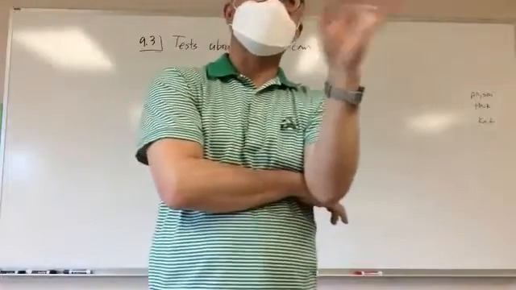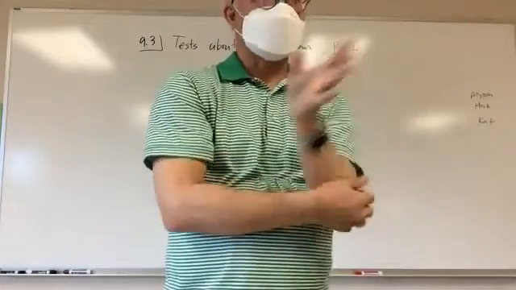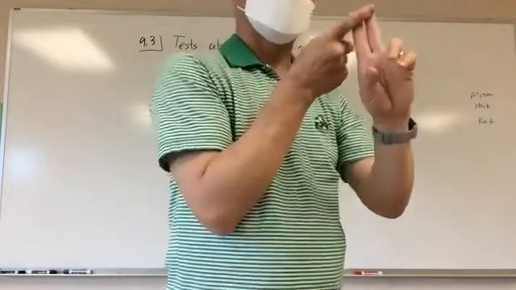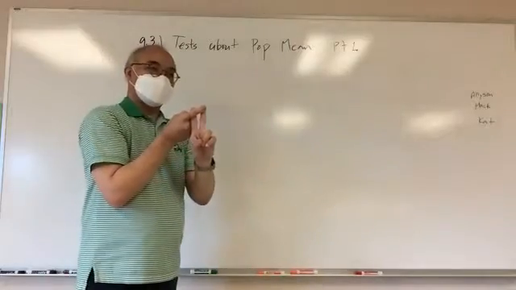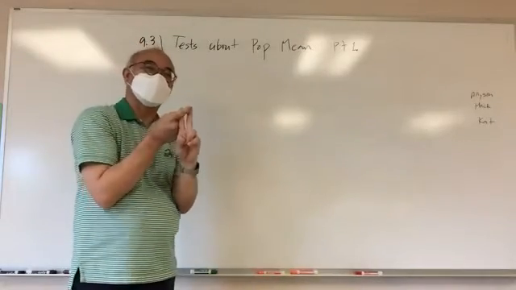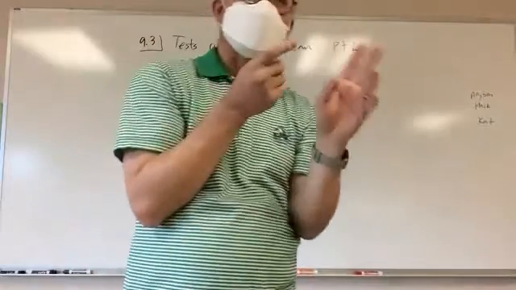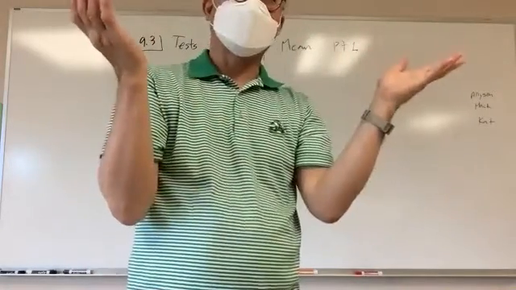If n is less than 30, what do we have to do? Check. You're looking for no skewness, no outliers. What would you expect the conditions to be for a significance test? They're exactly the same.